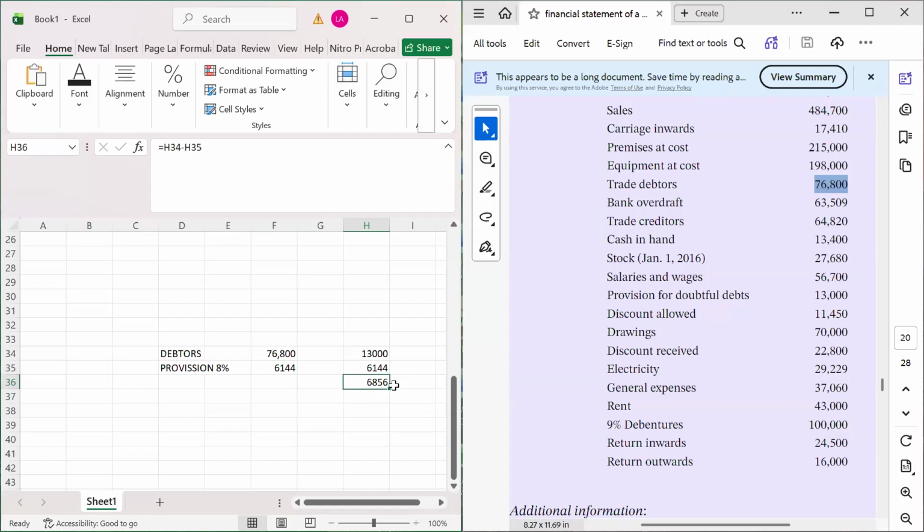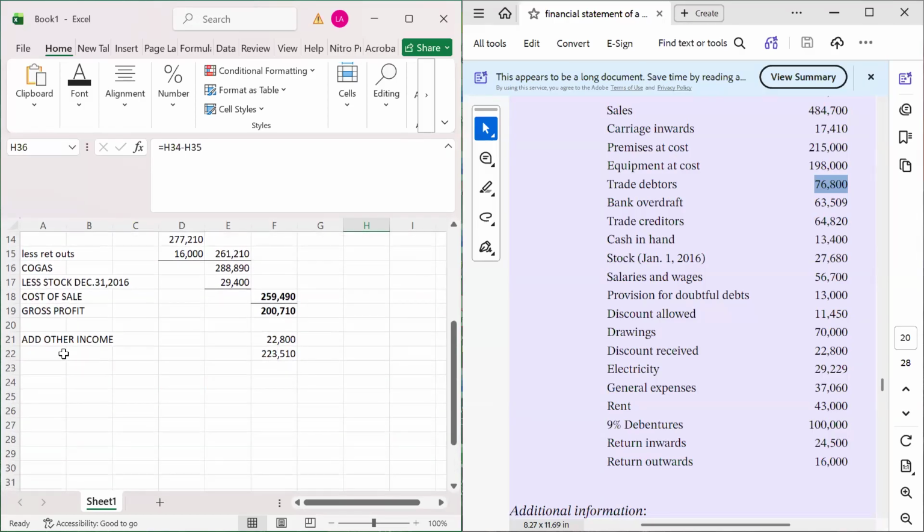So in other words, it means that the provision has reduced by this figure, 6856. Now, when it's reduced, it means that we are going to get this amount back. We are going to collect it back from the debtors. And so it's a profit to us.